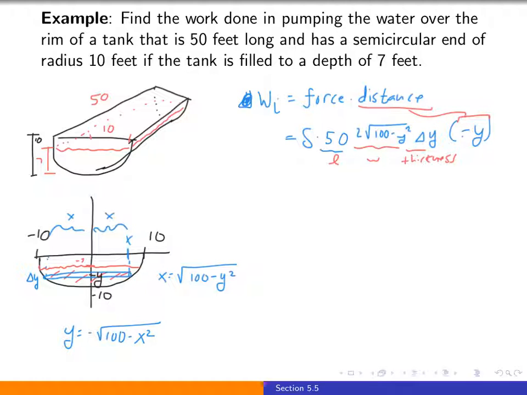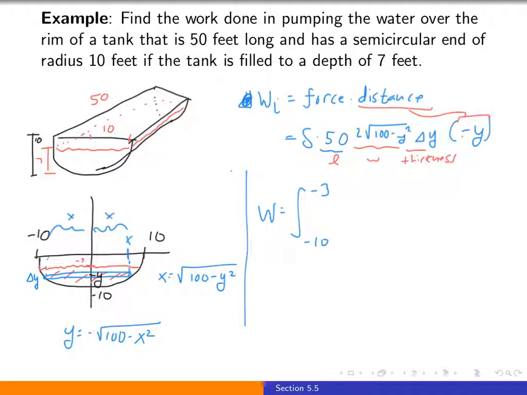So now, let's go ahead and set up the integral. So the total work done then is going to be the definite integral over how the y values vary. So the y values are varying from minus 10, the bottom of the tank, to minus 3, because it was filled up 7 feet.